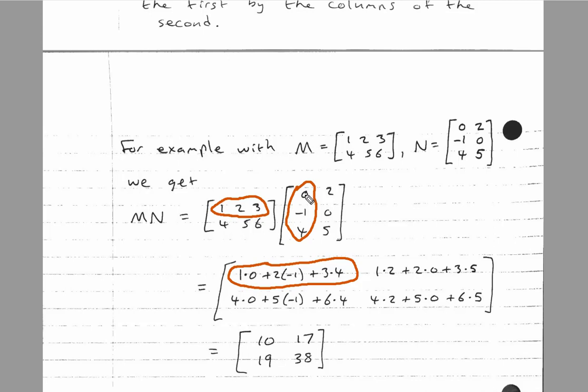It's 1 times 0 plus 2 times -1 plus 3 times 4. And if I did that right, that's 10. So the first row times the first column gives the number in the first row and first column of the answer.